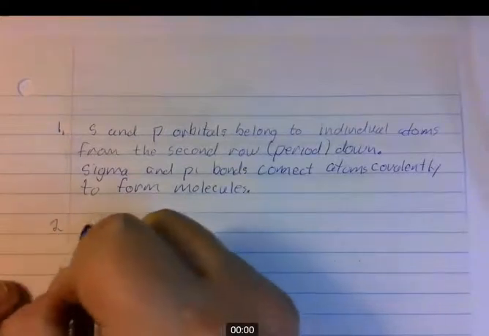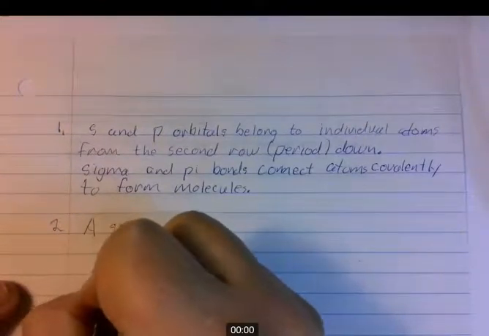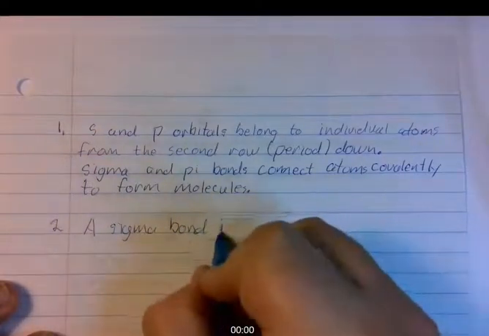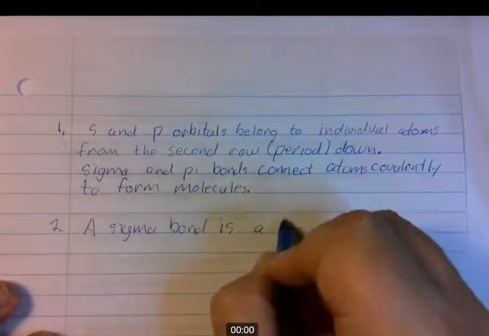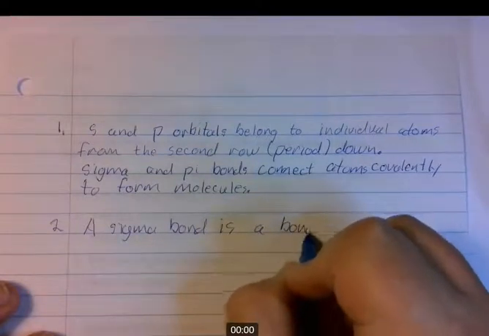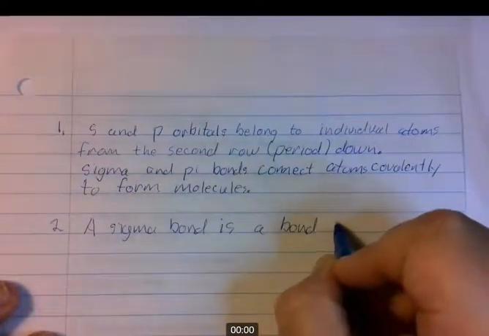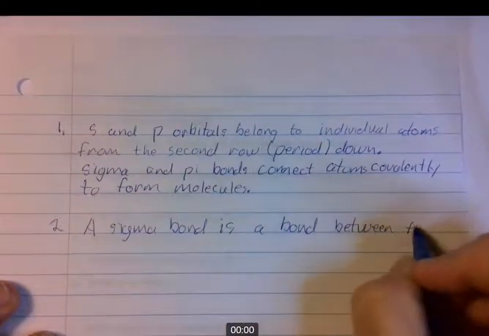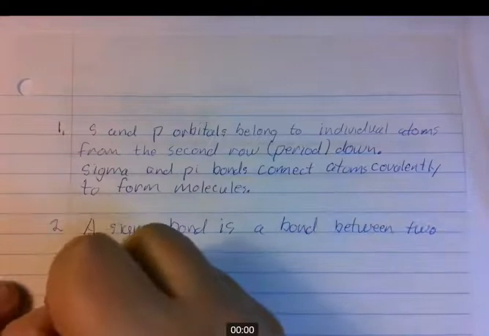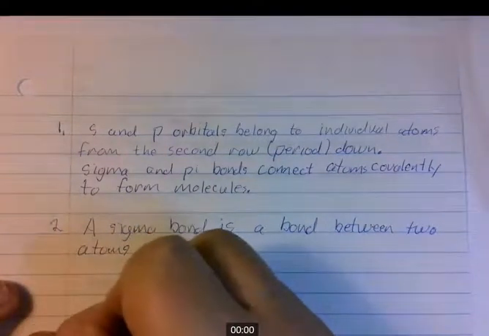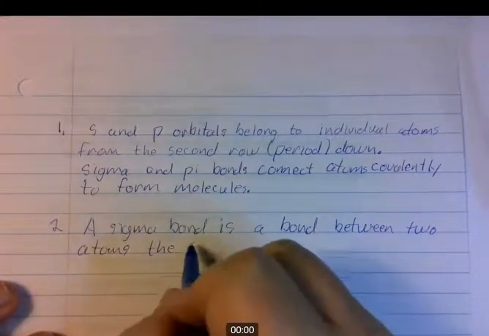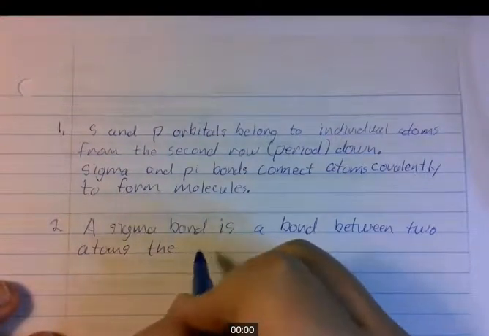What is a sigma bond? Number 2. A sigma bond is a bond between two atoms that lies on the axis directly between the nuclei of those atoms. So I'll just draw a little sketch here in just a second.